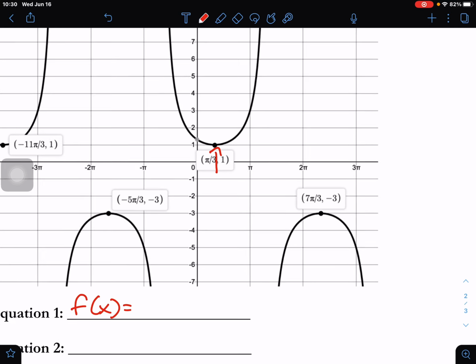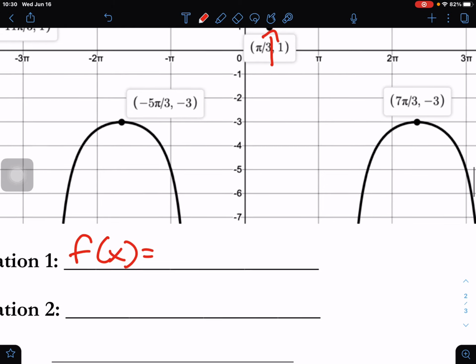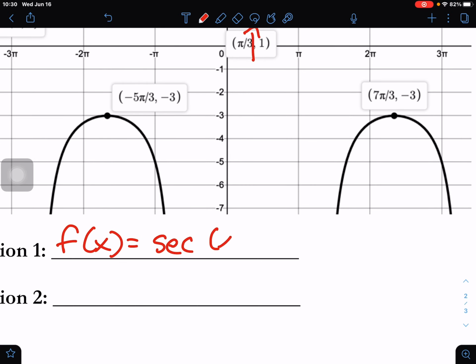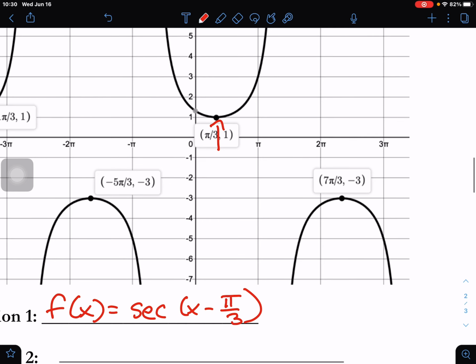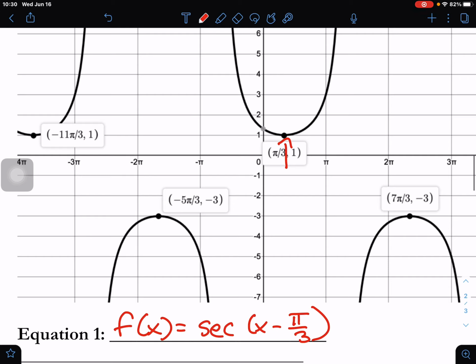So that means it looks like it has been shifted over pi over 3 units. So this would be minus pi over 3. And then if we were to look at how it's been shifted, the distance between this point and this point, the y-coordinate distance is 4. And in a standard secant function, it would be 2.